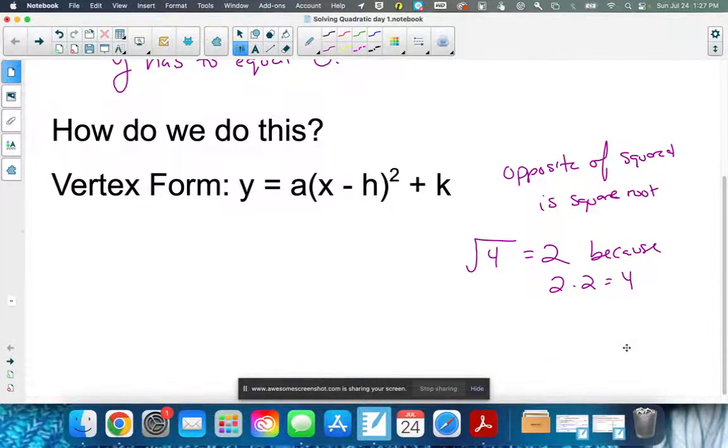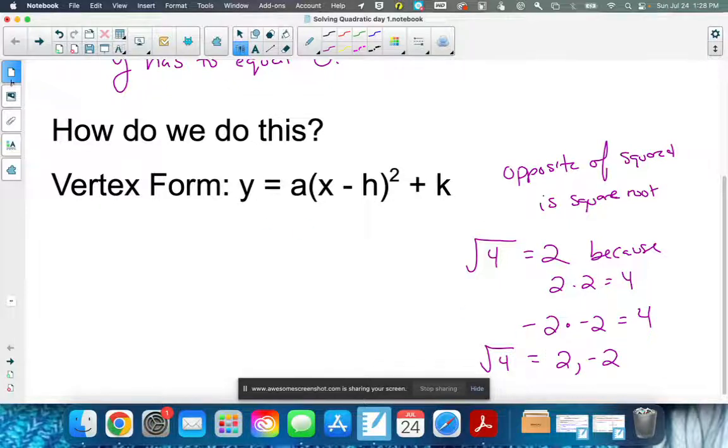All right, well, think about your integer rules. What is negative 2 times negative 2? That also equals 4. So the square root of 4 actually has 2 answers. It is both positive 2 and negative 2. We're going to have to keep that in mind when we are solving. We're going to have to write our equation twice when we get to that square root step.